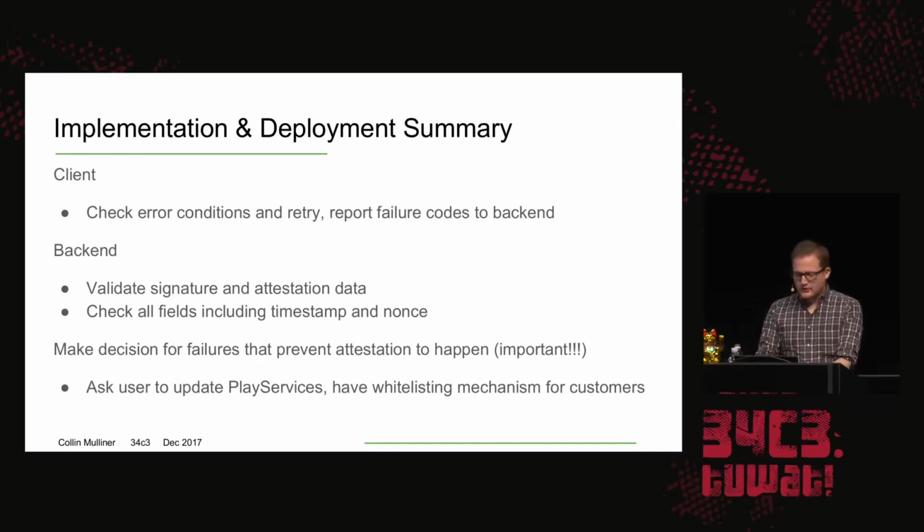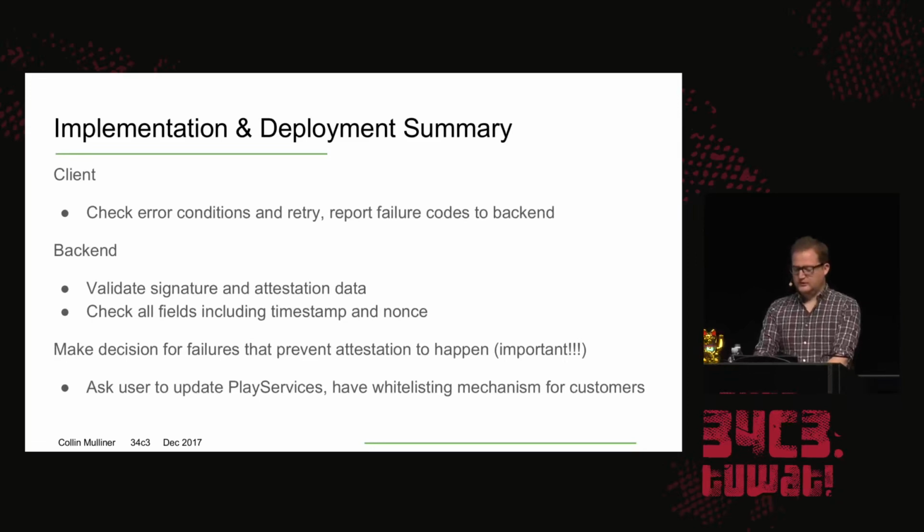So to do the implementation and deployment, on the client side, you really have to check for error conditions, retry, and report failure codes. In the backend, you really have to make sure to validate the signature and the attestation data, check all fields, timestamps, nonce, and really make a decision about failures and what you want to do.